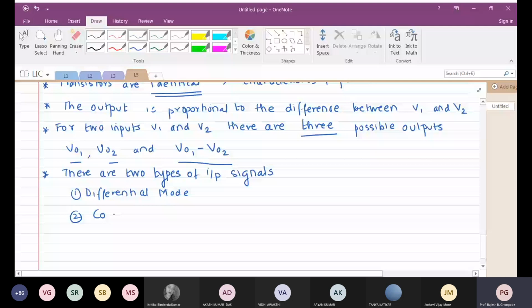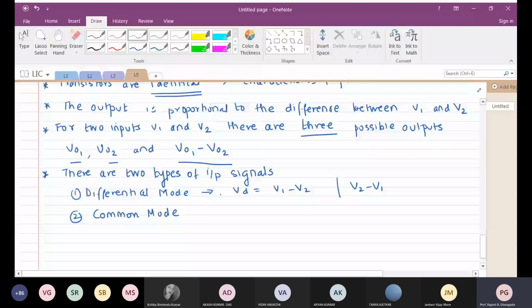So you can have a differential mode signal and a common mode signal both. Very simple to understand. The differential mode signal is VD, which is V1 minus V2, or conversely it can be V2 minus V1, doesn't matter. This is the input signal, which is the difference between the input voltages.